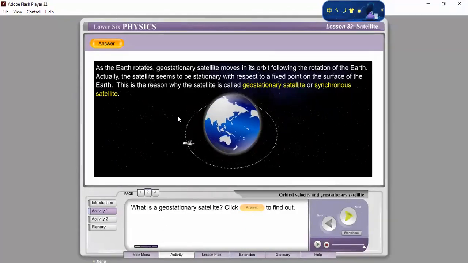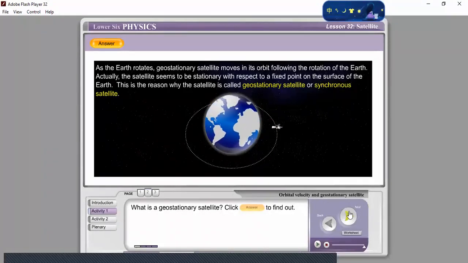We have another type, the non-geostationary satellite, which moves randomly and freely. Mostly it is used for forecasting or for research on the geography of the Earth and so on, because we wish to move to any point on the Earth we want.